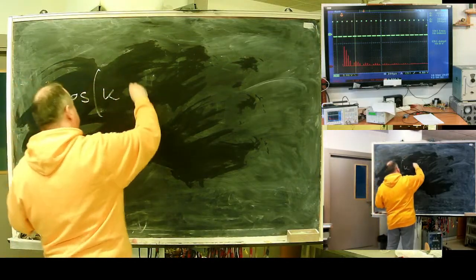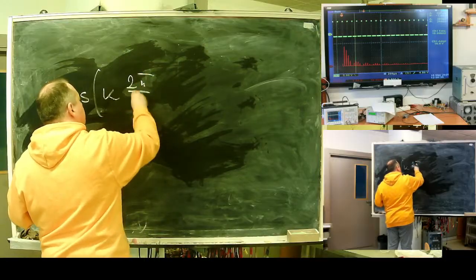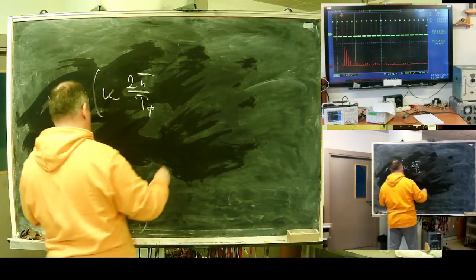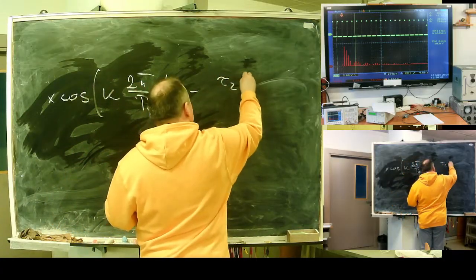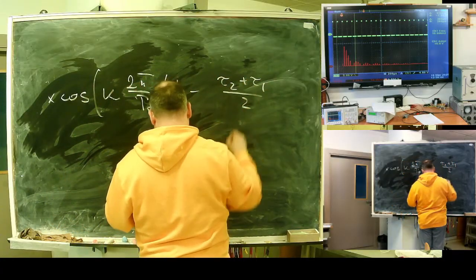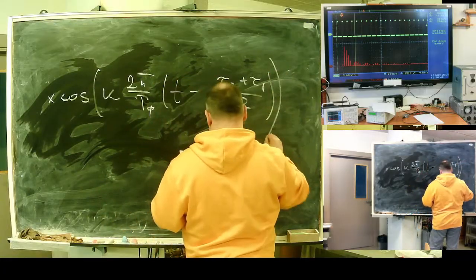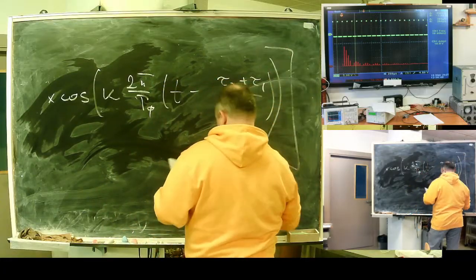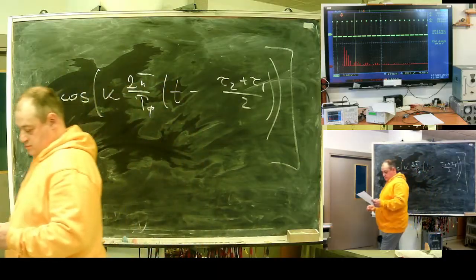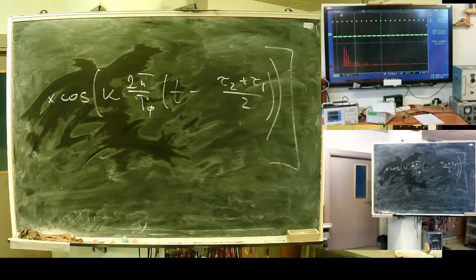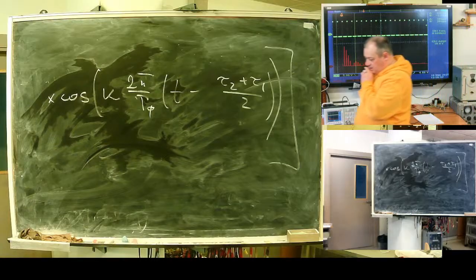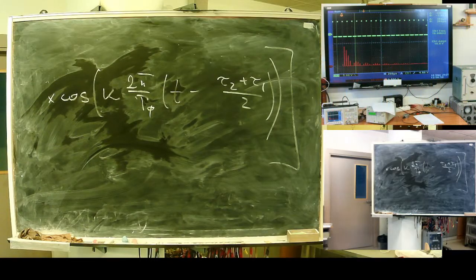k 2π divided by T0 minus tau 2 plus tau 1 divided by half. 1, 2, 3. Here is the formula when I account for offset.